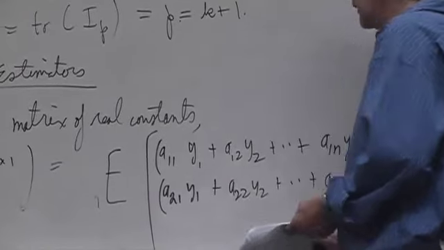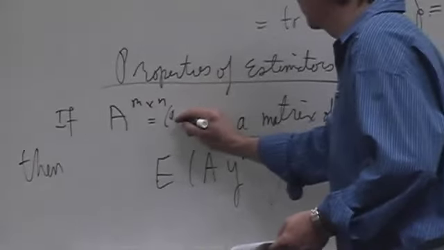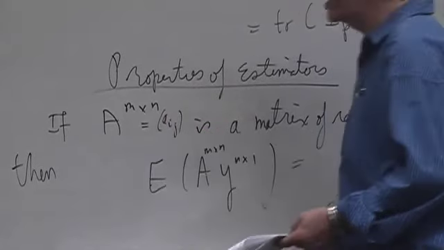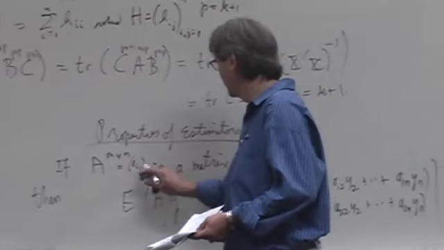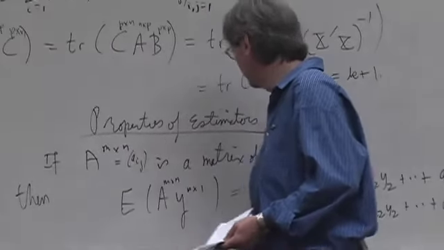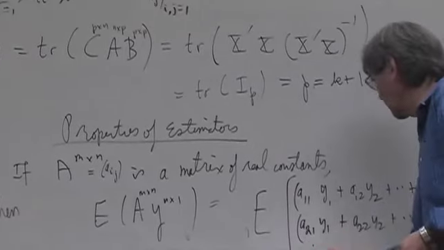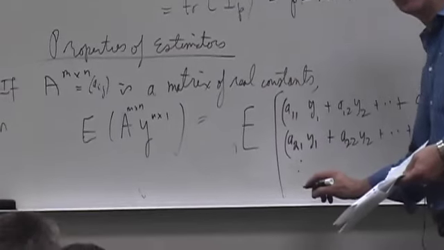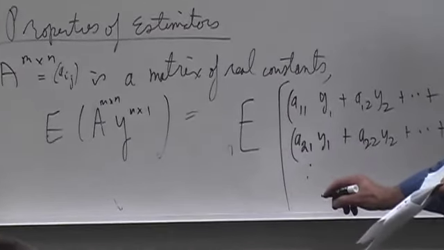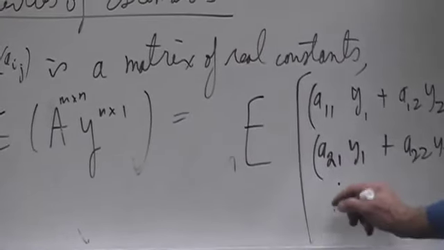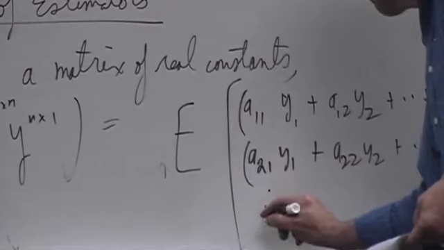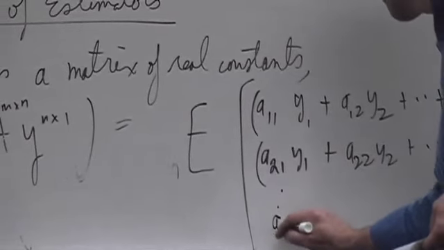I'm assuming that A equals a little aij, okay? i goes from 1 to m now. I'm just trying to make it as explicit as possible. If I multiply a random vector by a fixed matrix, then I get another vector of random variables, linear combinations of the original ones.